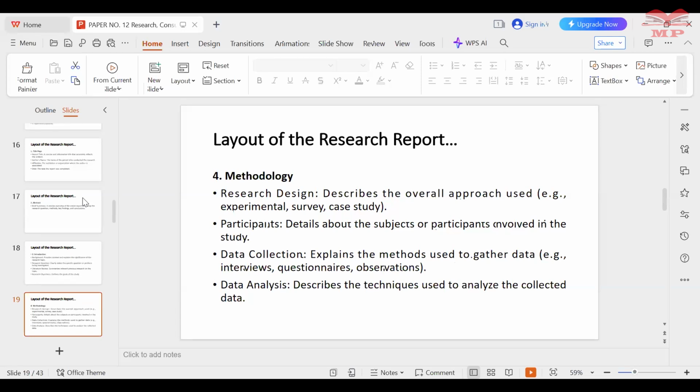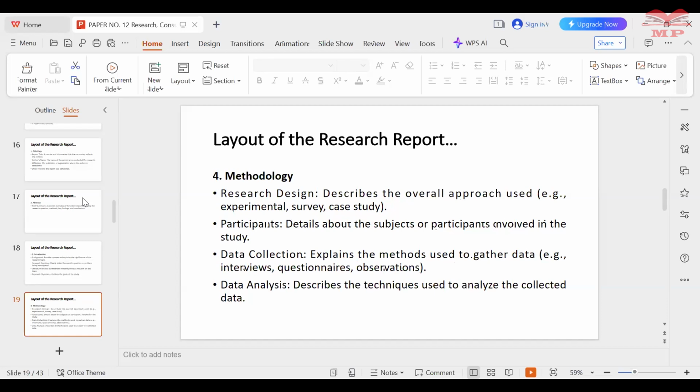When it comes to data collection, it explains the methods that are used to gather data. For example, those conducting a study may use interviews, questionnaires, or observations.